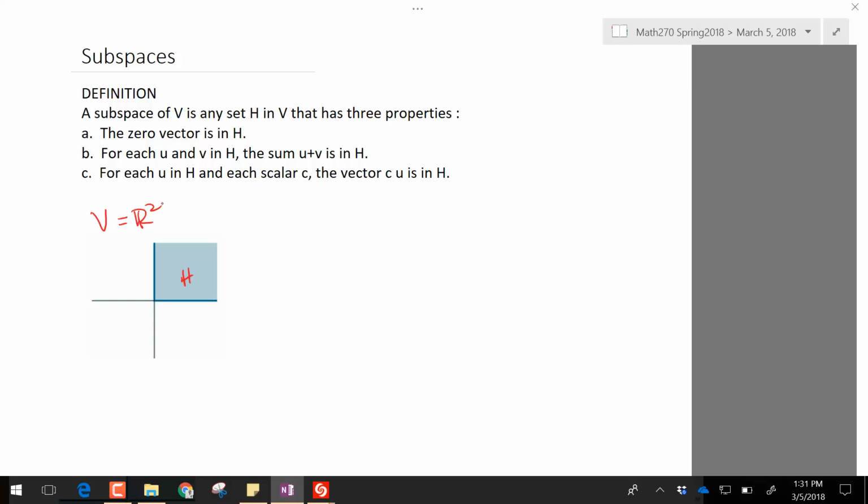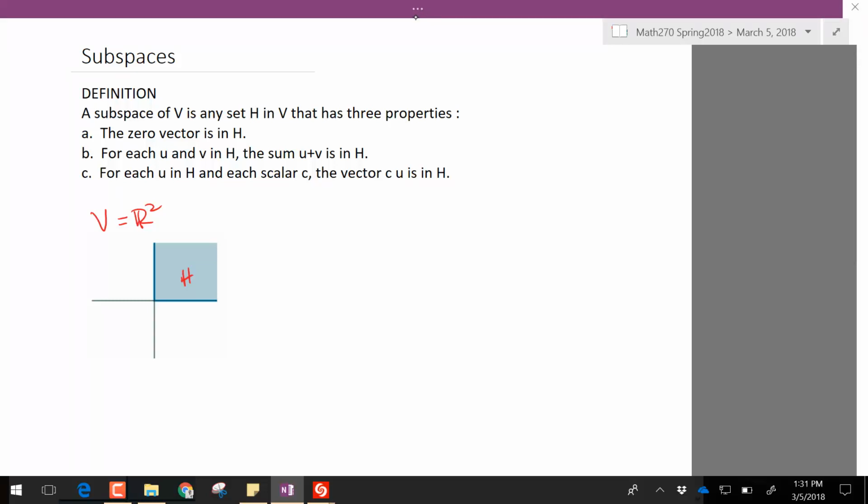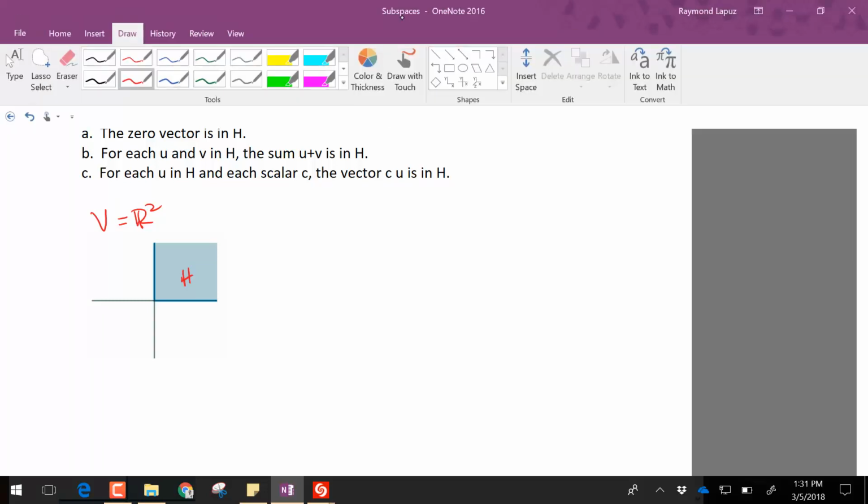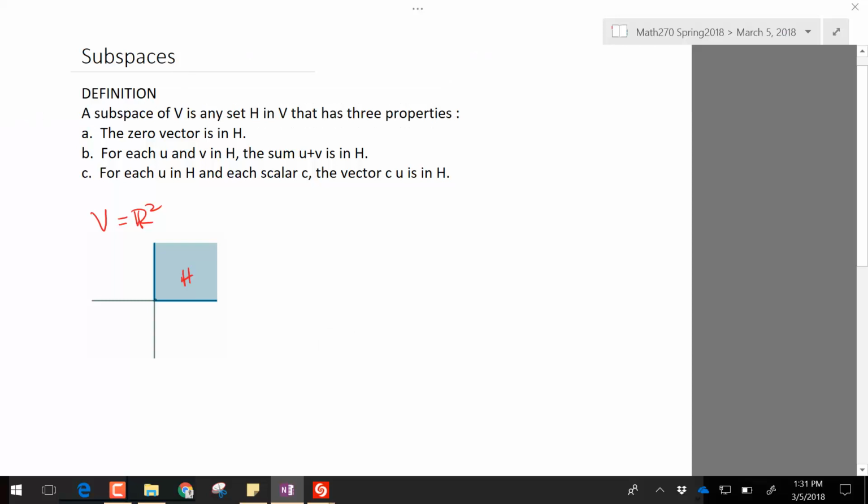So if we have 2 vectors in here, any random 2 vectors, and if I add those 2 vectors, well, first of all, 0 has to be in it. So the first criterion is checked.